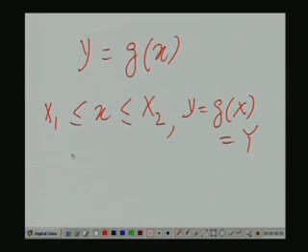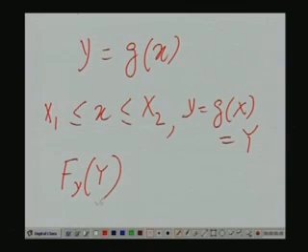For this particular capital Y, what is the probability? In fact, it will be better if we just consider this instead of distribution. I am not considering distribution. What is the probability of small y taking the value capital Y?